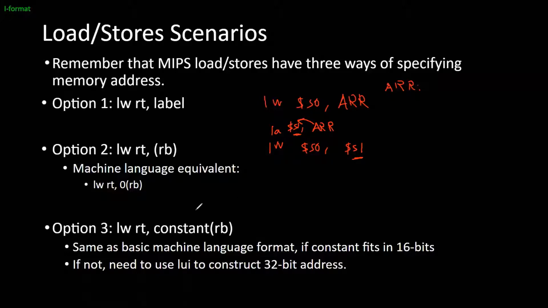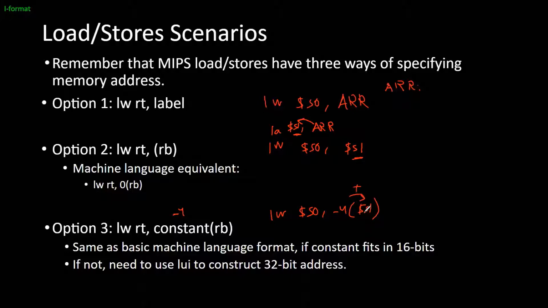The third case is very similar to the second case, except that you can have a constant. We saw something like that in the previous slide, that you can put here, for example, -4. So something like load word S0, -4, S1. And this constant is being used to add it to this address.